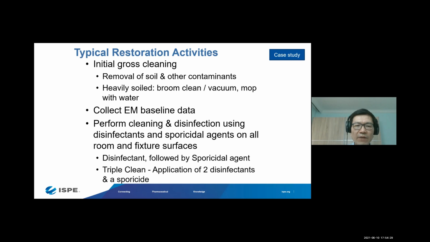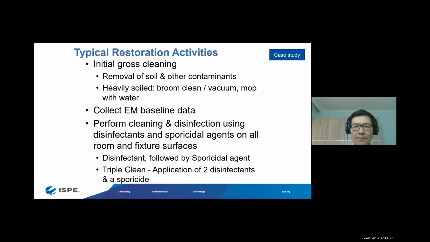So disinfectants are used first to clean and disinfect the surfaces, two steps in one, followed by the sporicidal agent applied on all the surfaces to address those hard-to-kill microorganisms such as Bacillus or bacterial spores. This is typically the type of disinfectants used and the sequence.